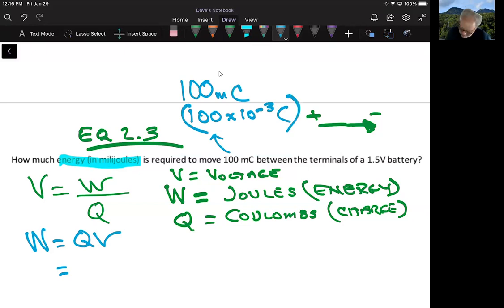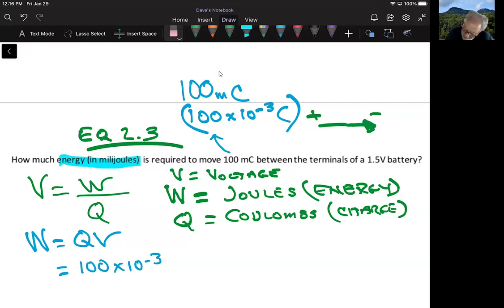So that's another part of this. Make sure you're good with these metric prefixes. So I'll go ahead and enter that as 100 times 10 to the negative 3. Of course, on my calculator, with me using a TI-84 Plus, to get to that, that's going to be second function EE minus 3, right? Of course, I think you know all that.